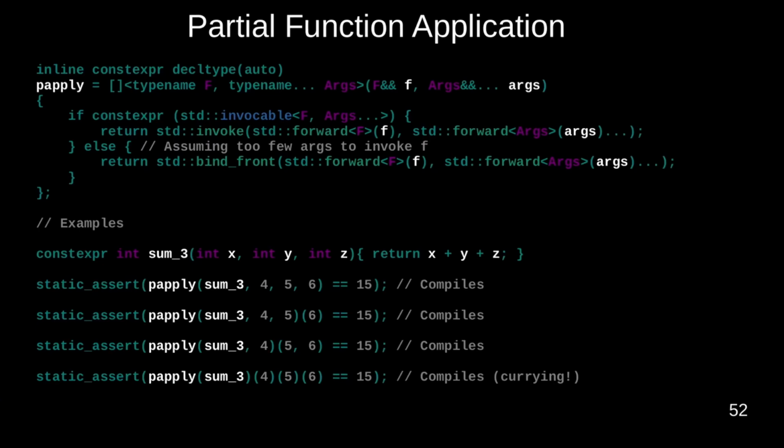Note also that papply here is using another new feature from C++20, which is that now you can write generic lambdas with explicit template parameters. So instead of auto parameters, I have used named template parameters, which is a little bit scary. Now we can use lambdas with all those 4 bracket styles.